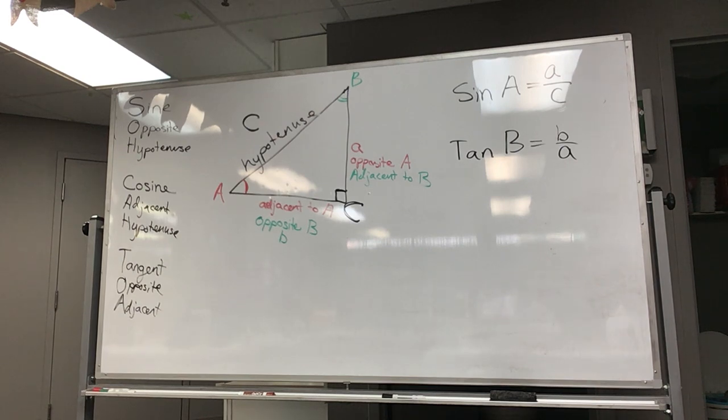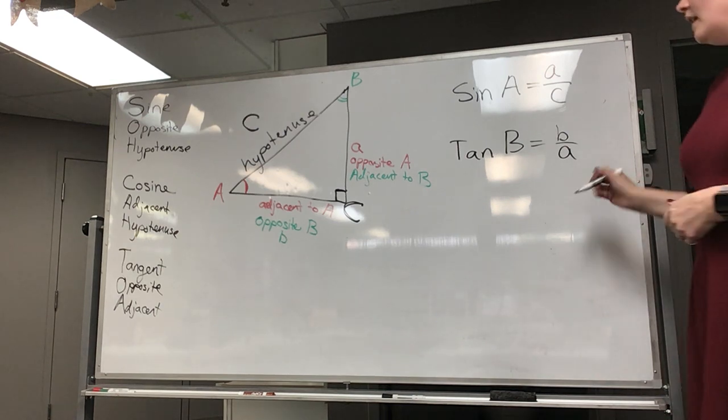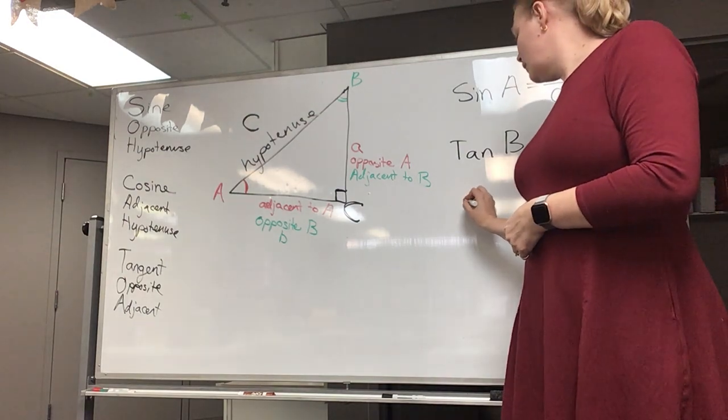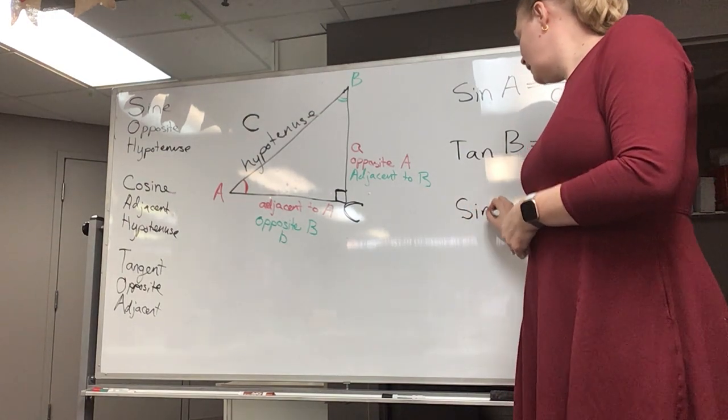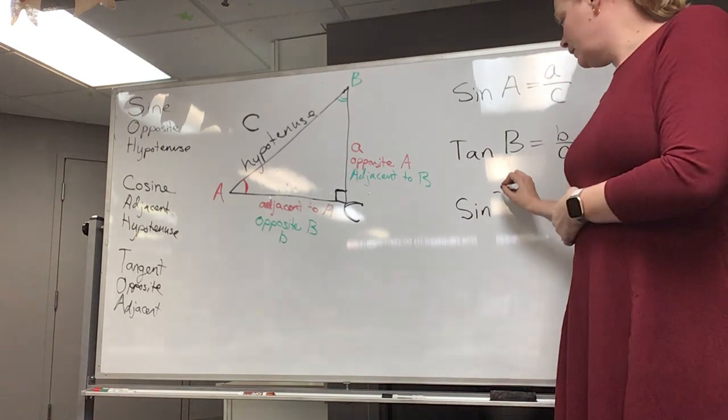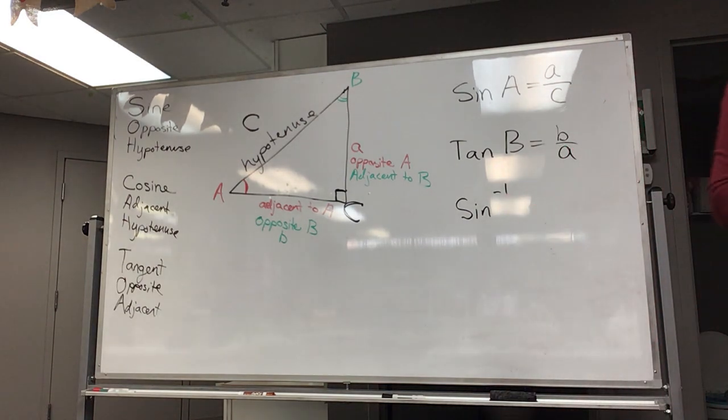The final thing that we can do with these, and why those tables in the calculator get so important, is because not only can you do the sine or cosine, you can also do the inverse. And so if I do the sine inverse, the -1 is an inverse.